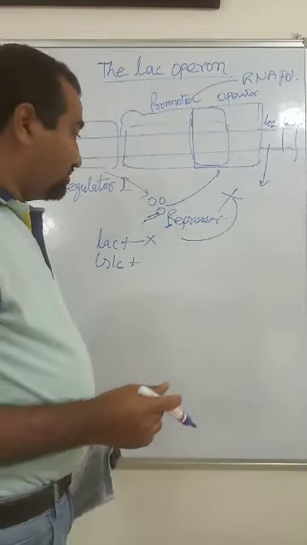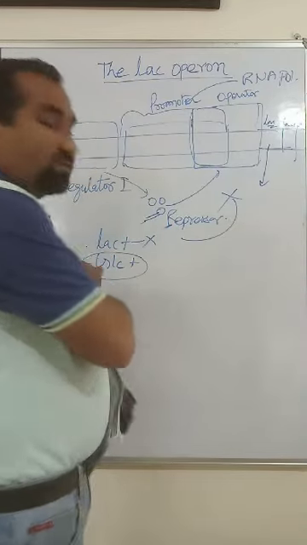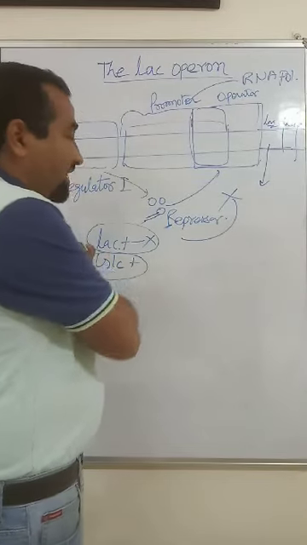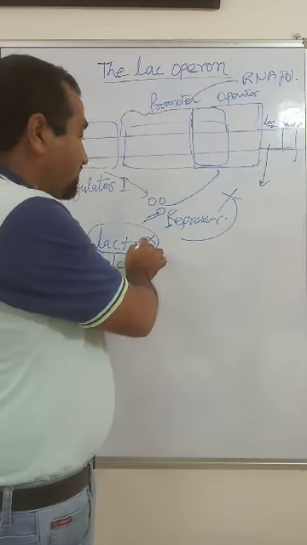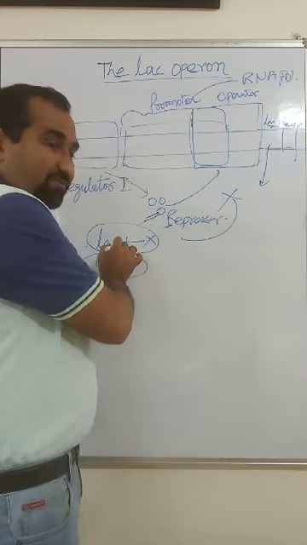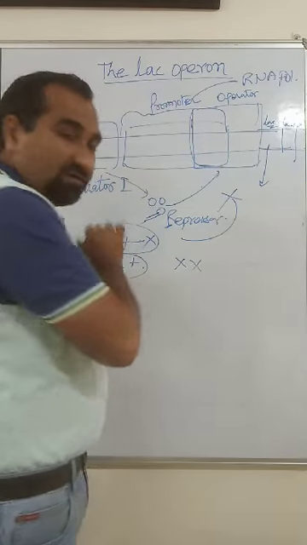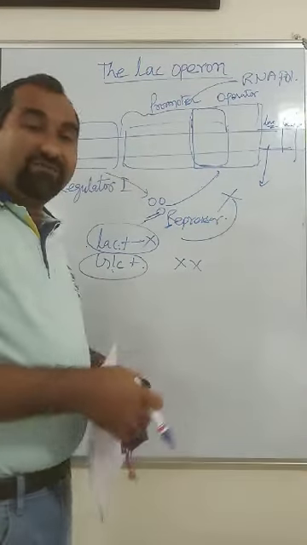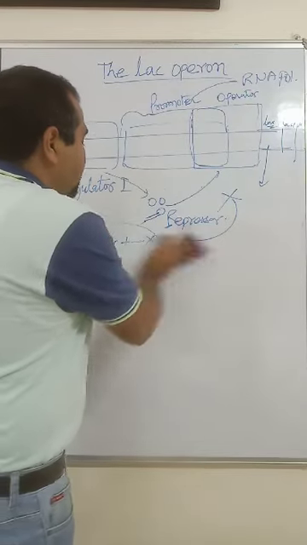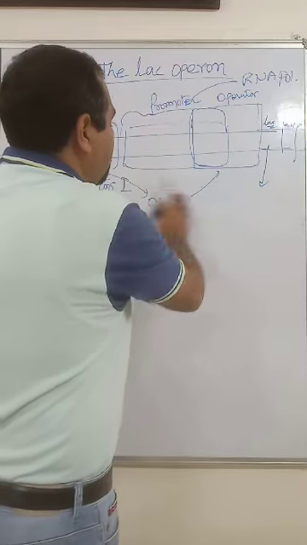So what is the mechanism that, even in the presence of lactose, which acts as an inducer molecule in the absence of glucose, the lac operon cannot run when glucose is present? What is the role played by glucose in making the lac operon switch off?